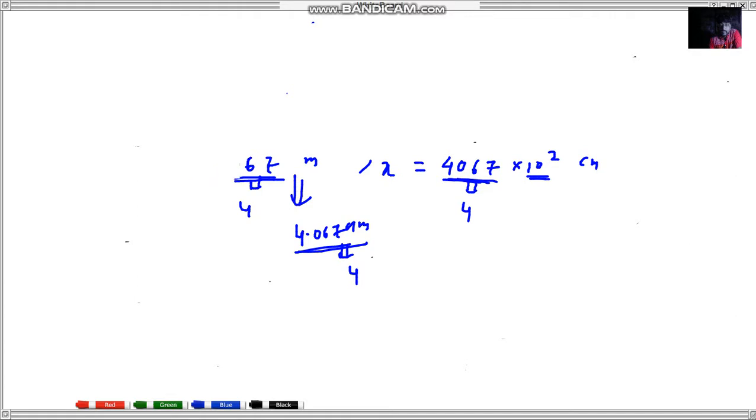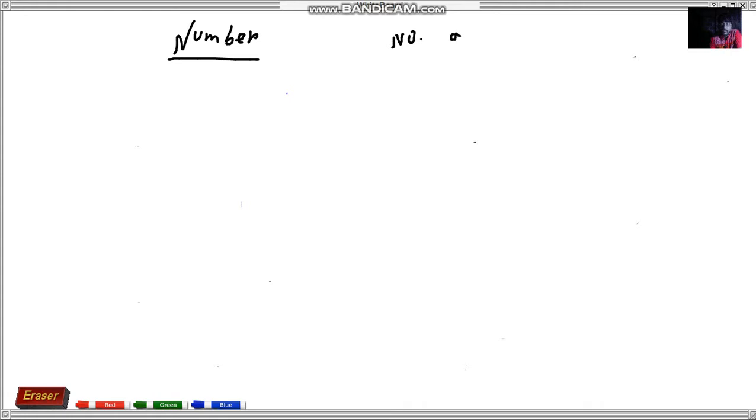On the left side I want to put the number, and on the right side the number of significant digits.